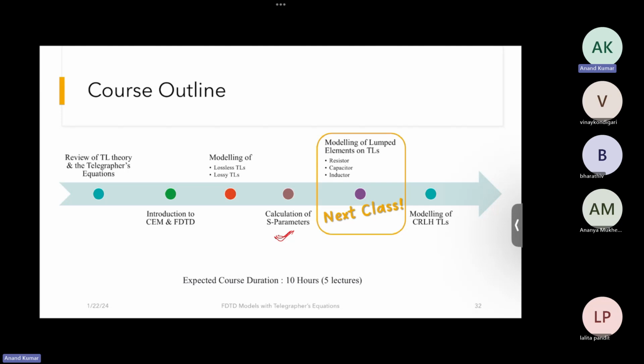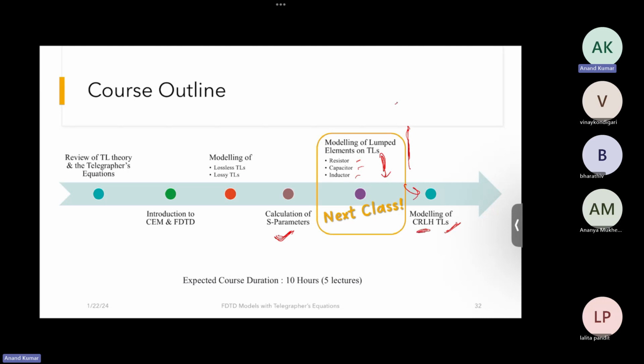The next class we will try to model resistors, inductors, capacitors on a transmission line, the lumped components, and I think we'll end our lectures there. We probably won't be able to model CRLH transmission lines, but whatever we cover in the next class will lay the foundation if you want to model CRLH transmission lines.